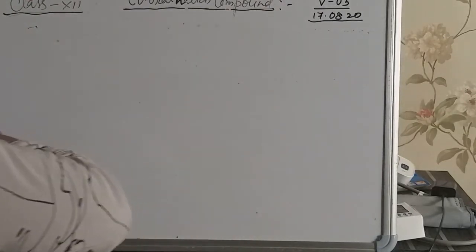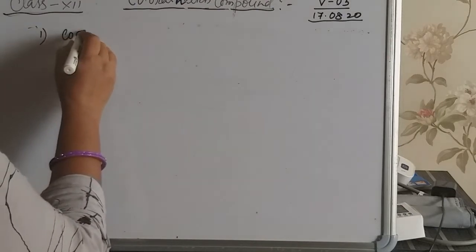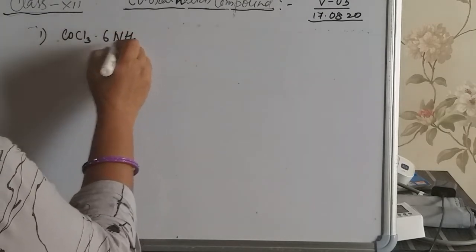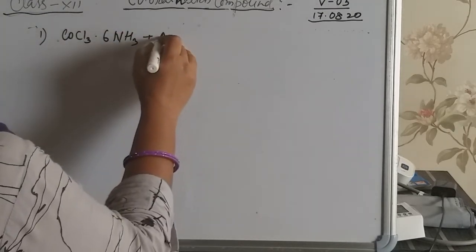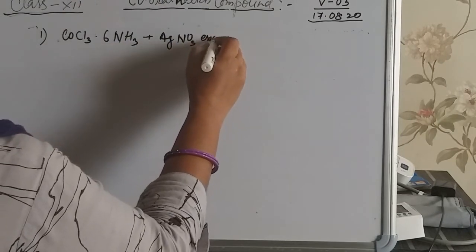So we take cobalt chloride and 6 molecules of ammonia and treat with silver nitrate in excess.